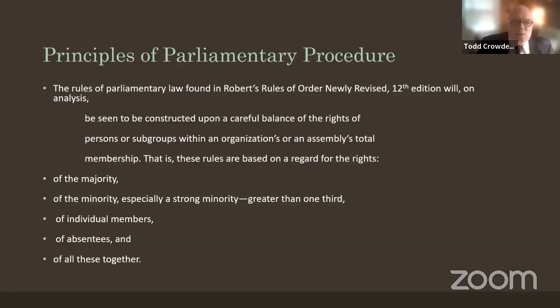That is, these rules are based on a regard for the rights of the majority, of the minority, especially a strong minority, greater than one-third, of individual members, of absentees, and of all of these together.